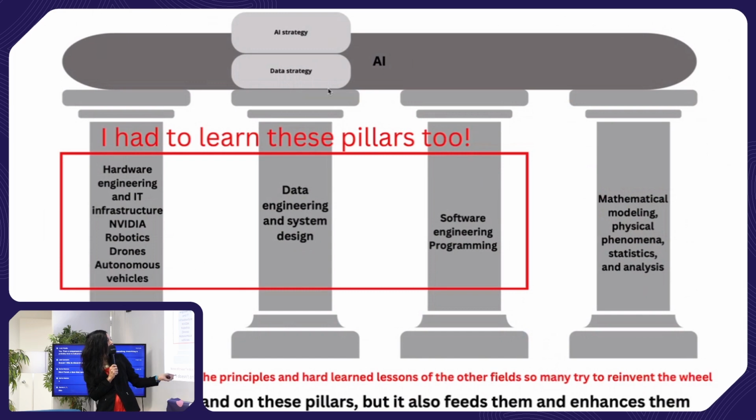But AI doesn't only stand on these pillars, it also enhances them. So AI can help the material design for it. I mean, there is a feedback loop here. So all of this helps each other. And one thing is, if you're doing AI coming, say, from any of these pillars, you run the risk of reinventing the wheel, because you don't know that there are hard-learned principles and hard-learned lessons that others have already done.